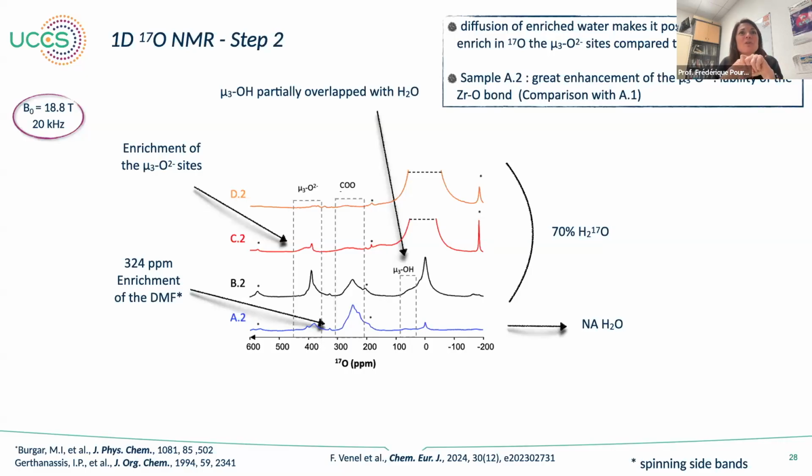As a quick information, at 324 ppm, we enriched the oxygen 17 of the DMF. We enriched in oxygen 17 the DMF. That means it's really part of the structure.